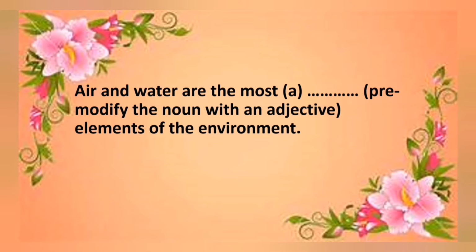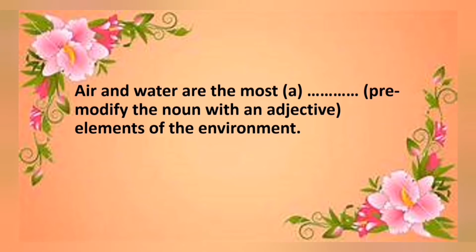Air and water are the most dash elements of the environment. Students, here you have to use an adjective to pre-modify the noun. Usually, an adjective sits before a noun or noun phrase to modify that noun. That's why this use of an adjective is called attributive use.